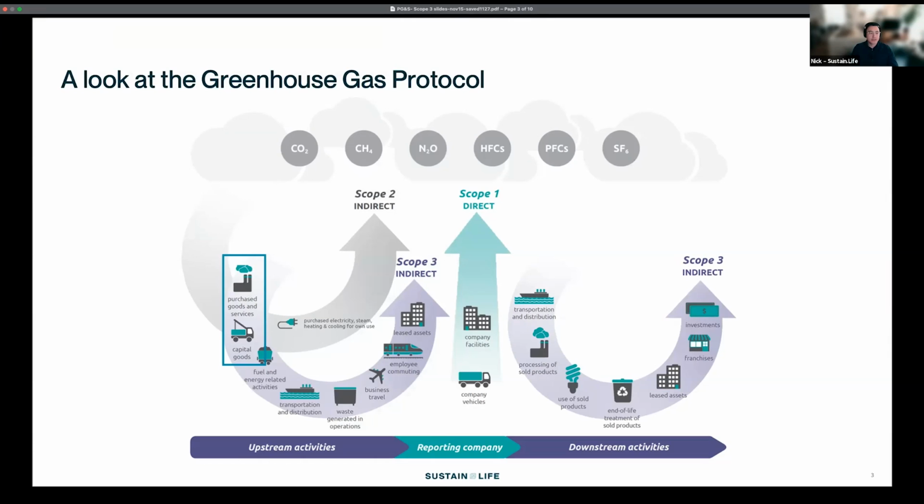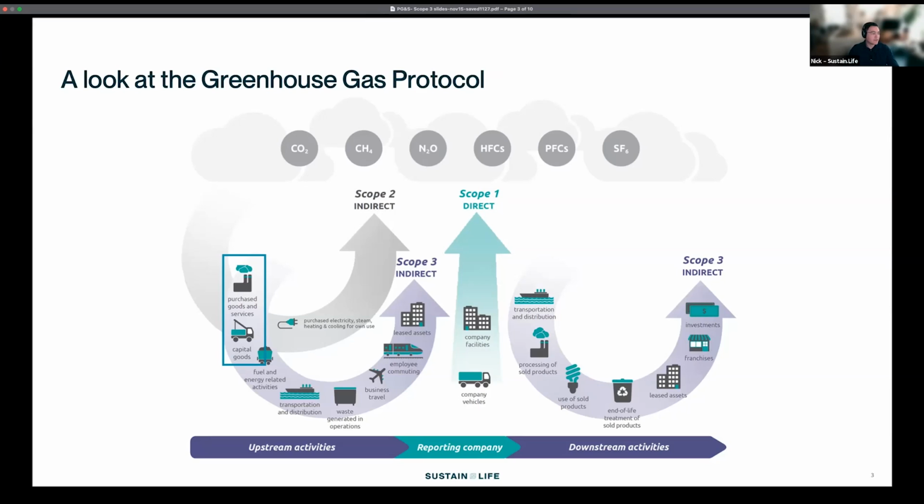Scope 1 is greenhouse gases that my organization directly emits, whether that's through the combustion of fossil fuels or the release of something like refrigerants. Scope 2 are indirect emissions that are the result of energy that we're purchasing. So mainly with Scope 2, we're talking about the emissions from the electricity we purchase. And then Scope 3 are indirect emissions from everything else in our value chain.